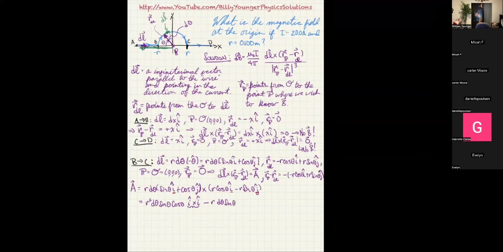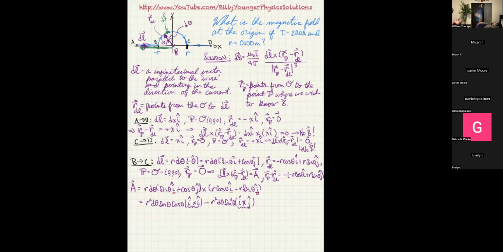I'm going to get a negative, and then I have an r, so that'll make that r squared, and then I have another sine theta, so that's going to be sine squared theta, and that looks like it. So I get I hat cross J hat. Notice they're in exactly the same order as they were. The I is on the left and the J is on the right. Again, I'll let you try to figure out what the I hat cross J hat is. I hope y'all can do that.